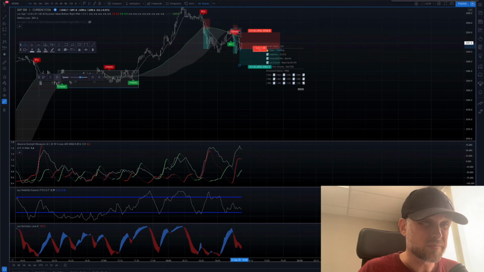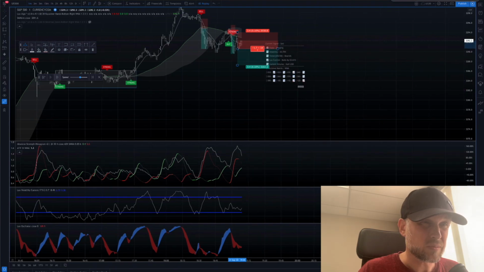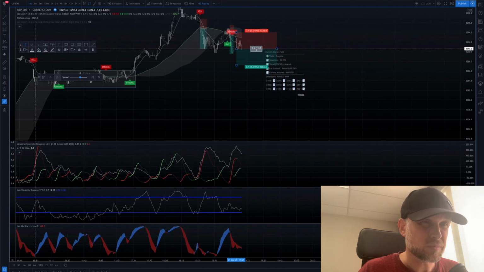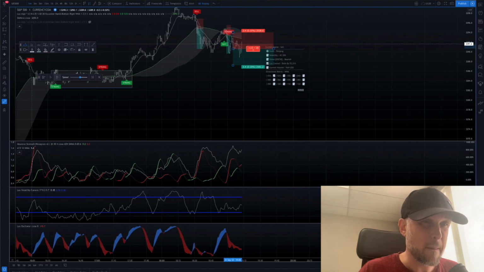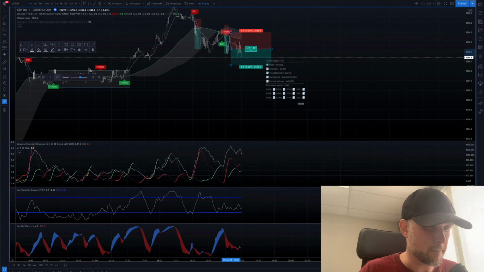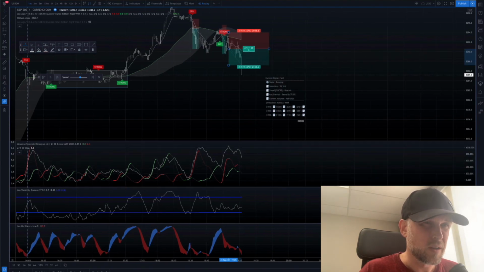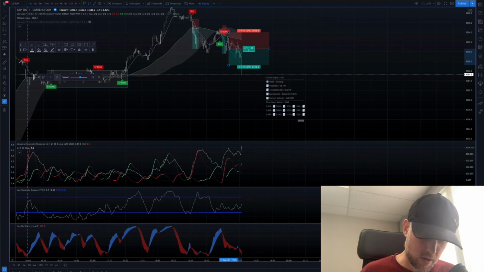So here we go. A little bit of drawdown in there. But there it happens. Okay, so we got our first take profit at 3.4, and that is our 1.5%.